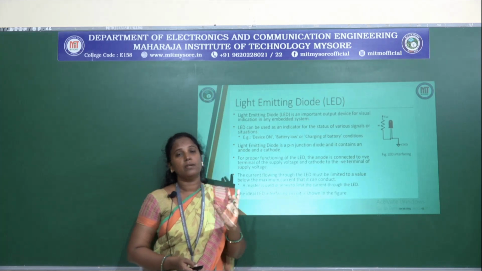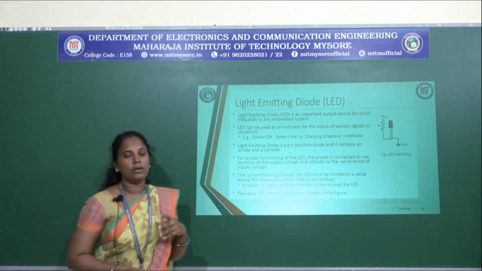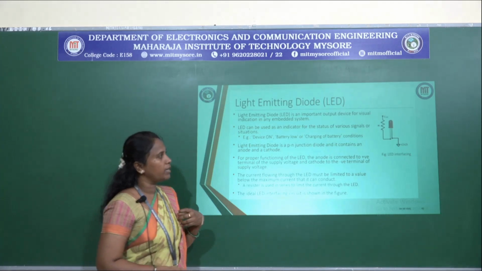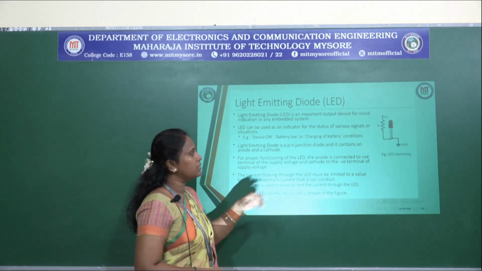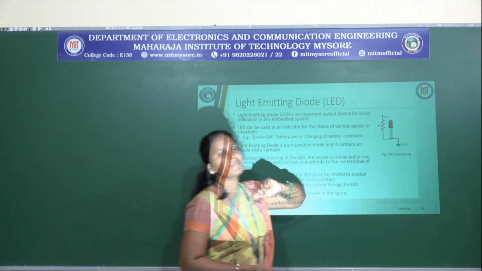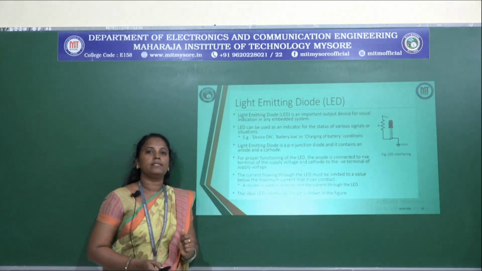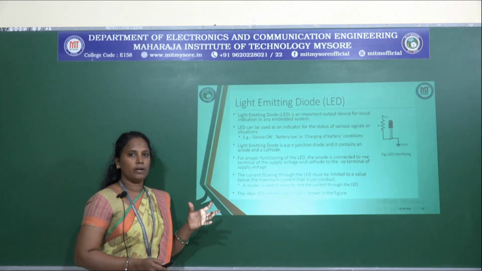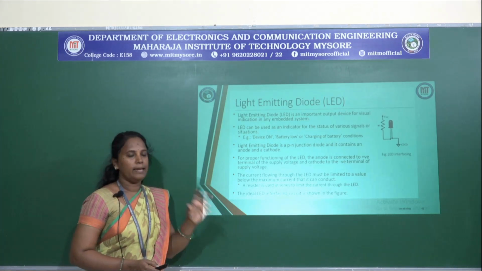Now since the LED cannot withstand a large amount of current, we are going to connect a resistor in series with respect to your power supply. It is called the current limiting resistor, where it is going to limit the amount of current flow which is entering your LED.